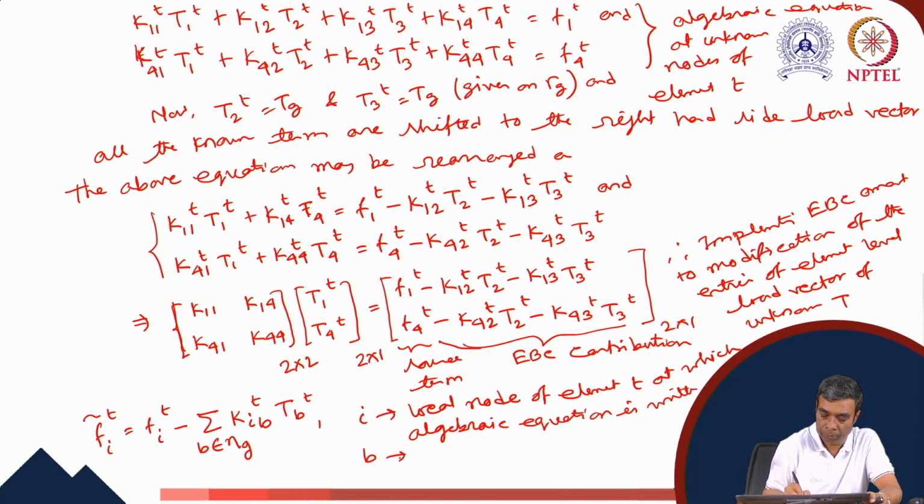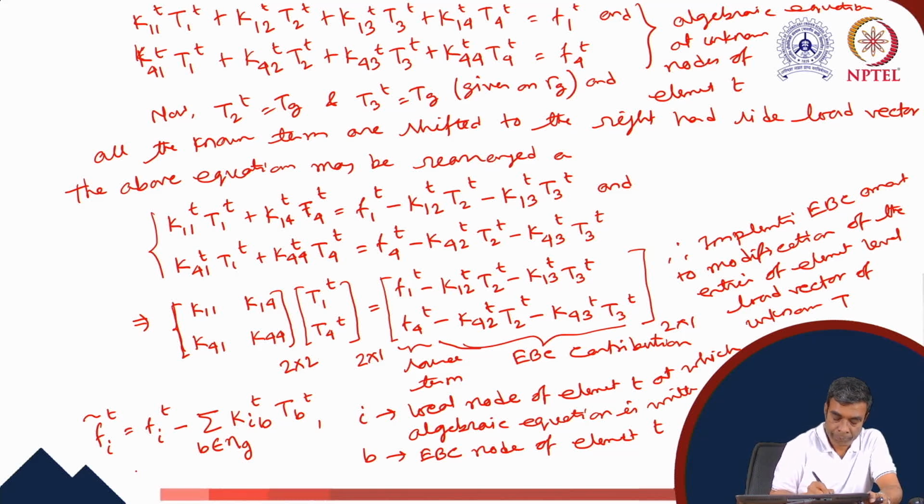B equals EBC node of element T. So when I equals 1, B is varying over 2 and 3.